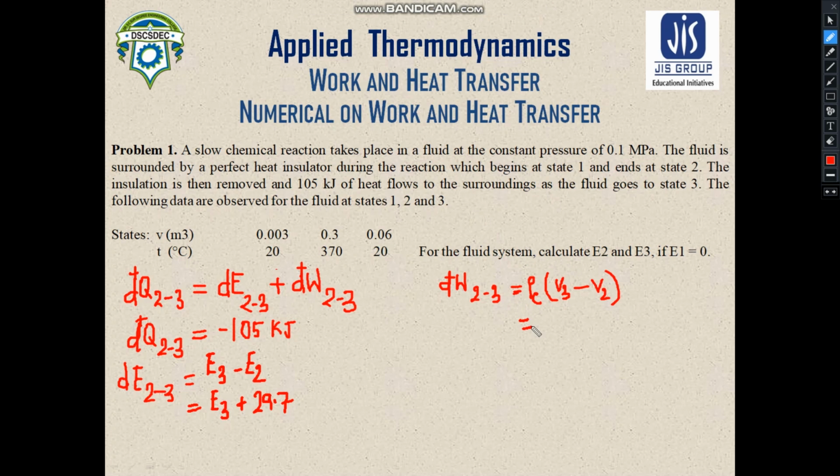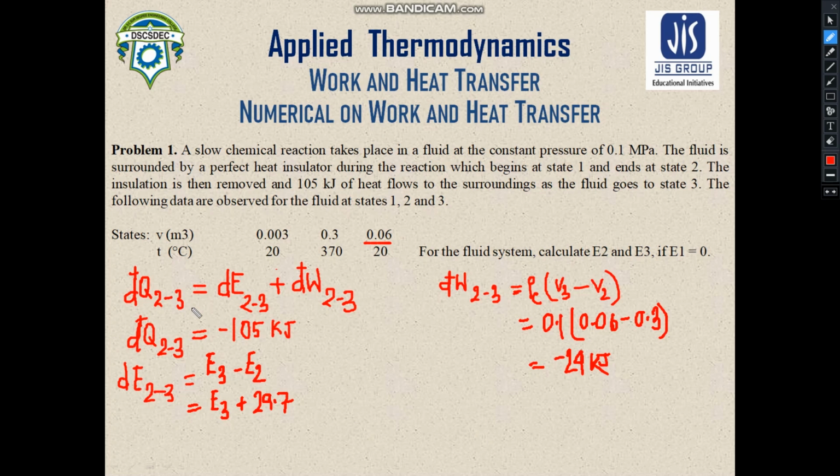You know the value of Pc, which is 0.1, the value of V3, which is 0.06 meter cube, and V2 is 0.3. So by the calculation, it will be minus 24 kilojoule.